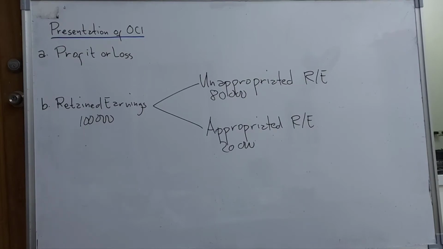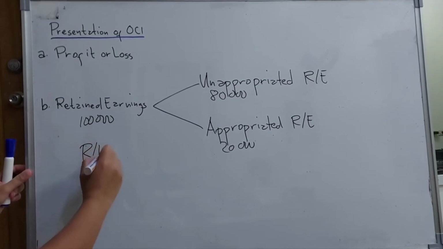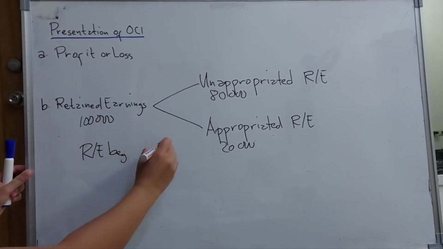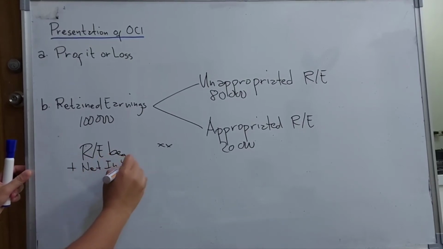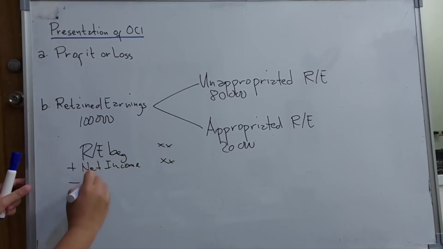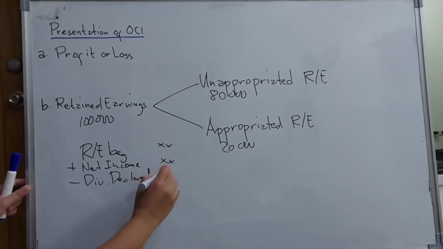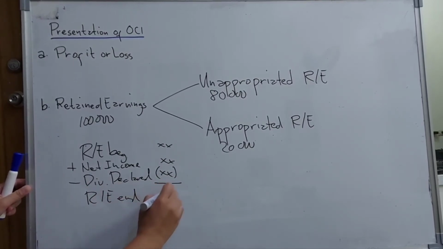Pagdating sa corporation, yung formula ng retained earnings, ganito lang, class. Meron kang retained earnings beginning, plus net income, or ito yung profit, minus kapag loss, okay, net income, minus dividends declared, so equals, ito na yung retained earnings ending natin.